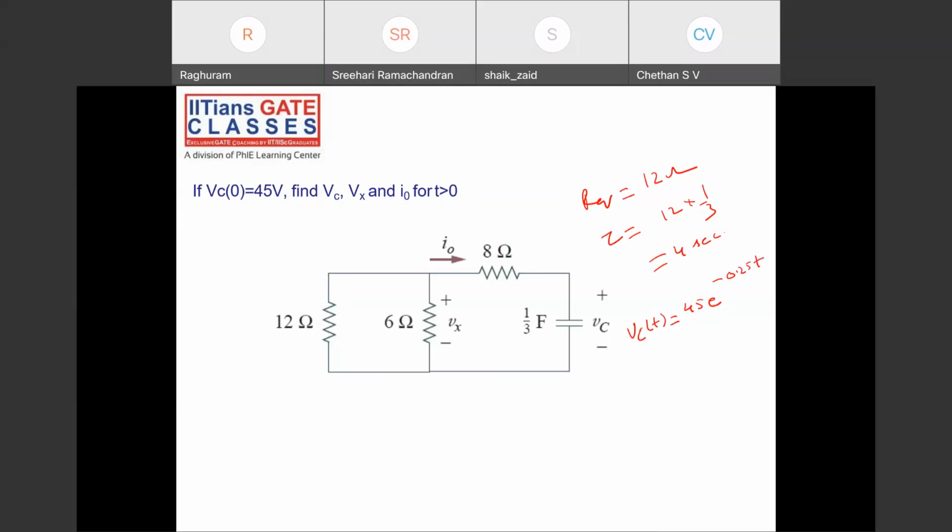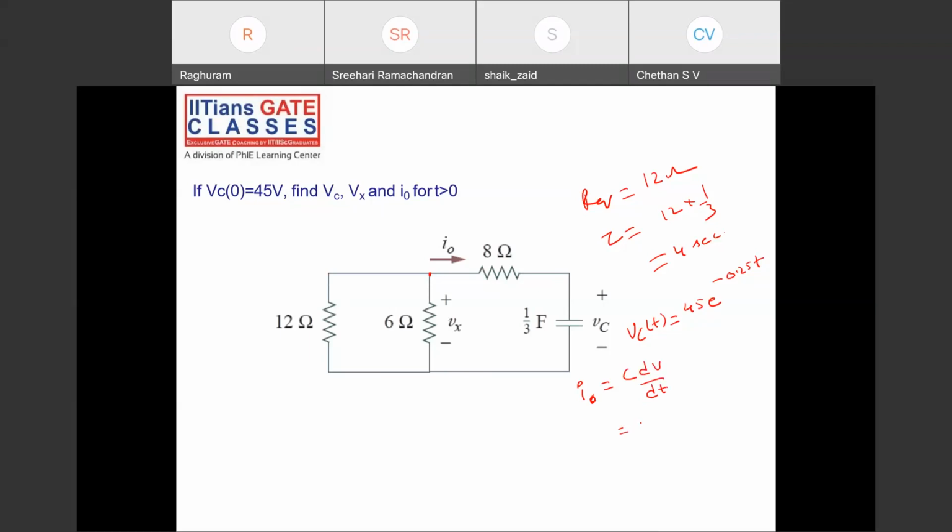Okay. How to find Vx? Vx is related to the current through the capacitor, IC of t, or I naught here. I naught is nothing but C dV by dt.